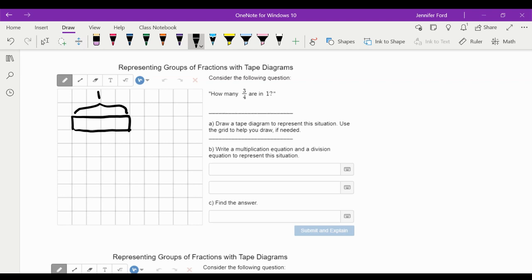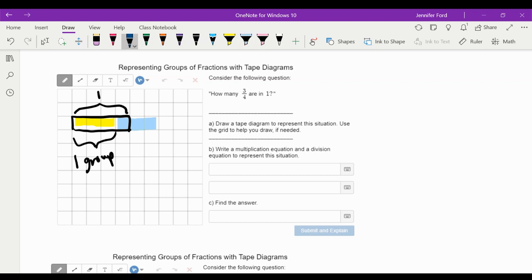So how many 3/4 are in one? Well, here's one group of 3/4. So that's one group. But then the next group would be this. Okay, so I don't have enough to make the next group.